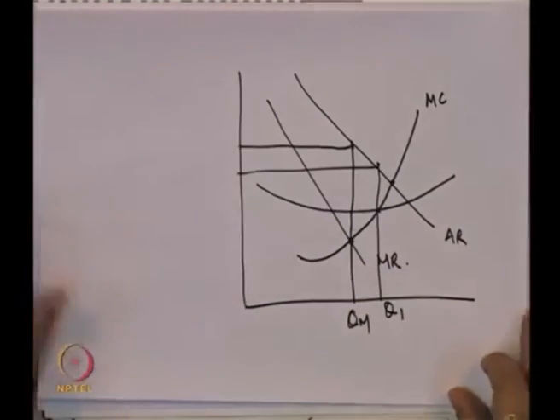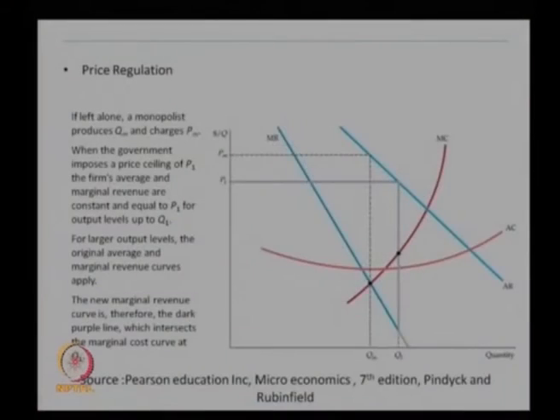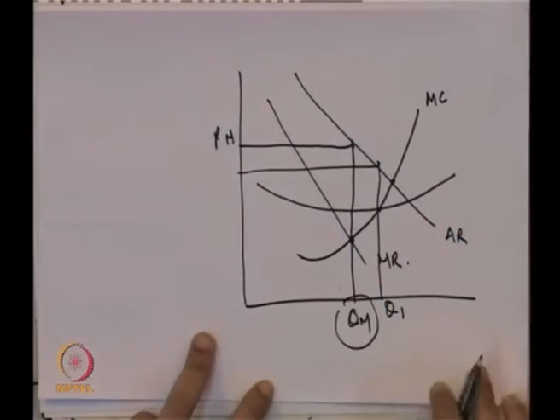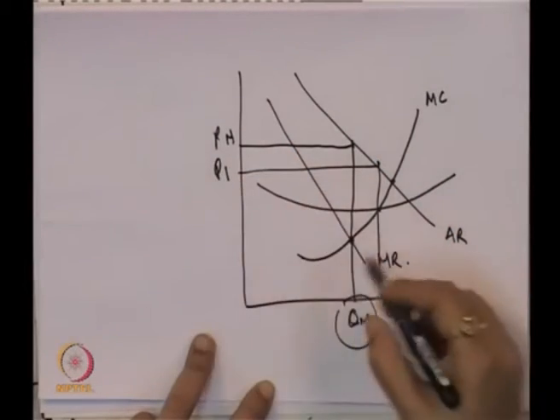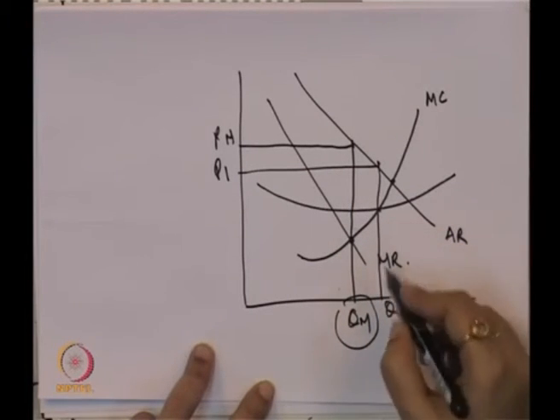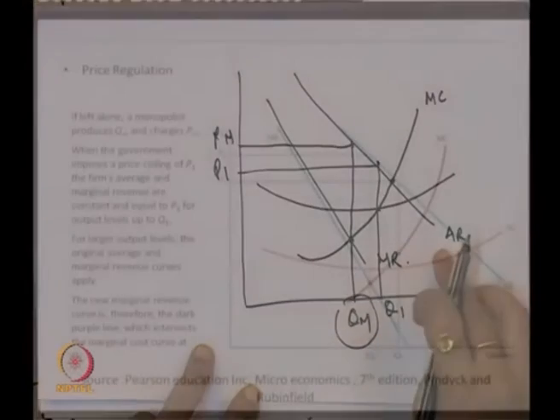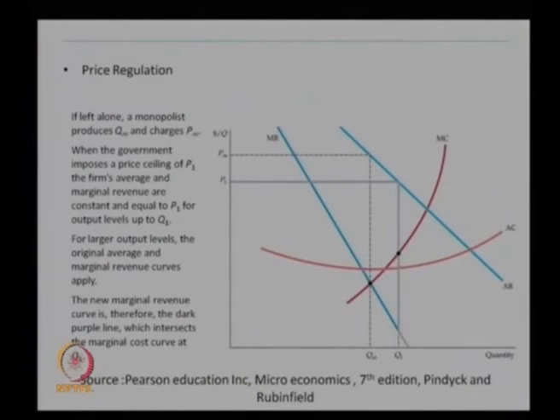If you look at the graph now, the monopolist produces QM and charges the price PM. When the government imposes a price ceiling of P1, the firm's average and marginal revenue are constant and equal to P1 up to the output level Q1. For larger output levels, the original average and marginal revenue curves apply, and the new marginal revenue curve is therefore the dark purple line, which intersects the marginal cost curve at the point Q1.